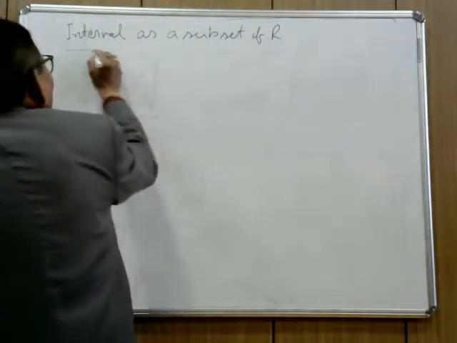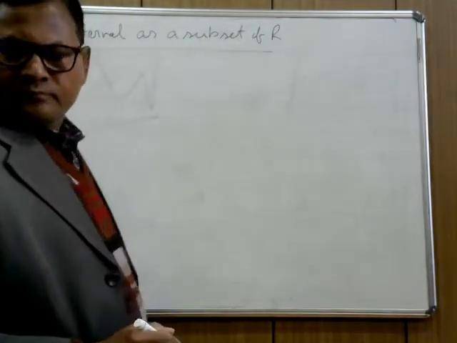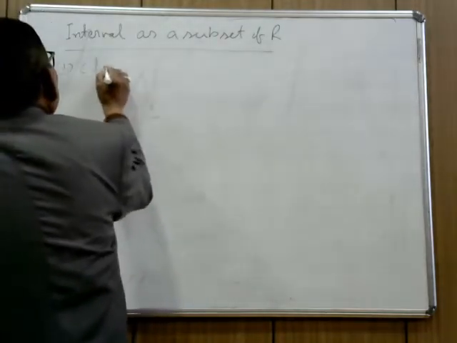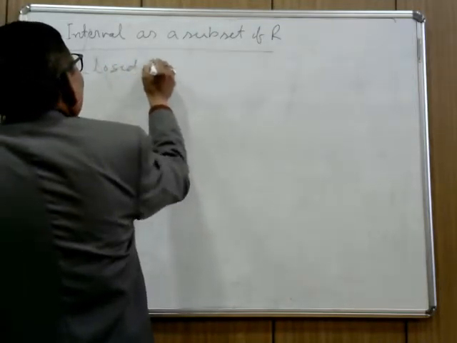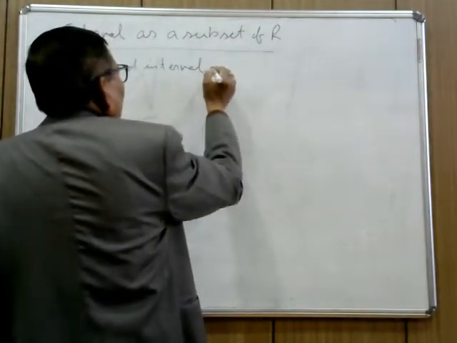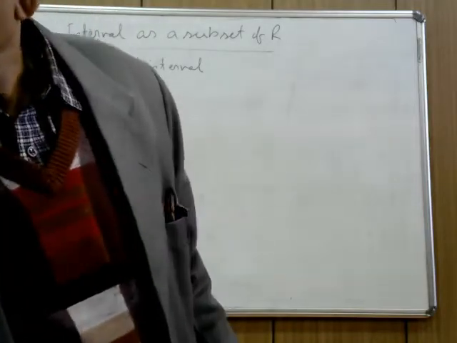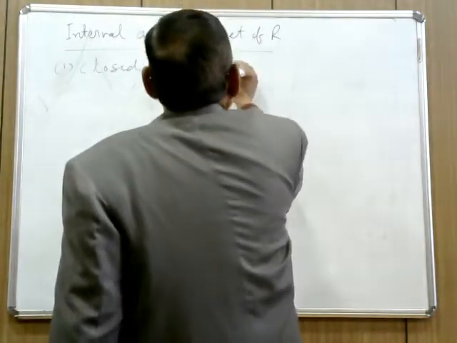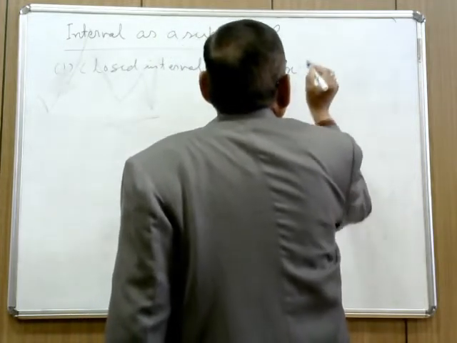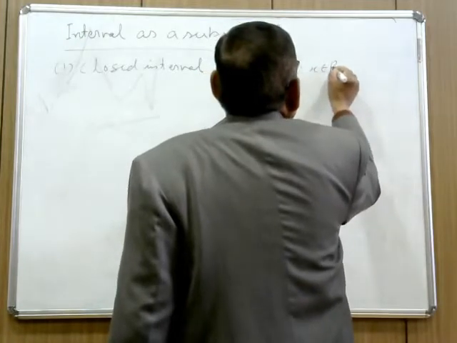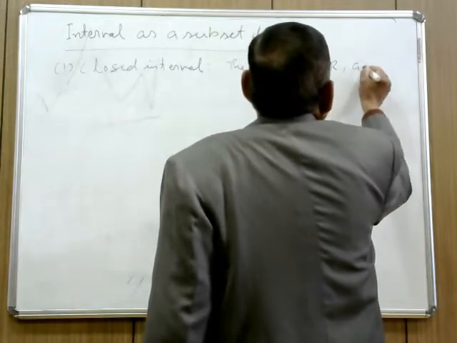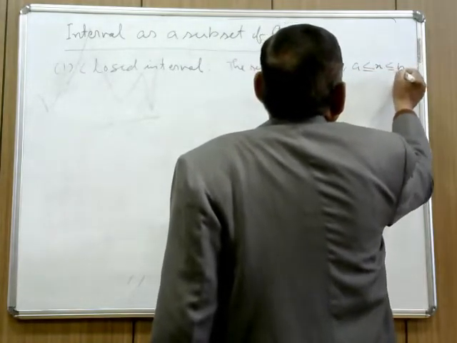Interval as a subset of R. Number one, closed interval. The set defined as all x such that x belongs to R, a is less than or equal to x is less than or equal to b.